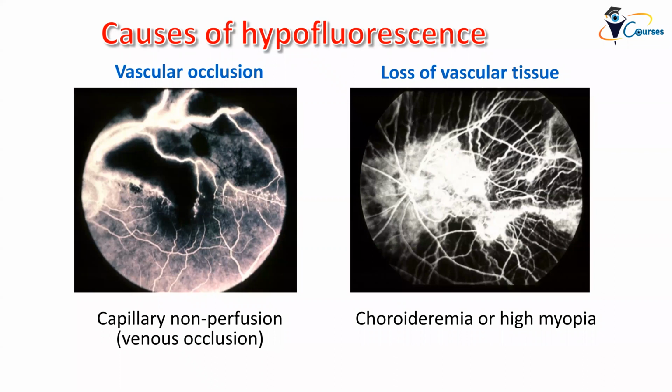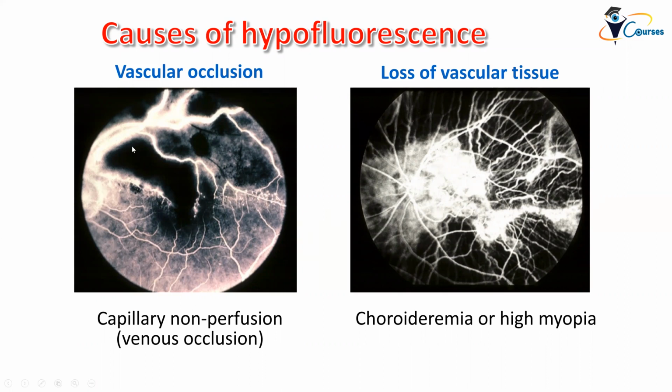The other cause of hypofluorescence is that there is no abnormal deposition of any material, no hemorrhage, no pigments, but the blood vessels just didn't reach that area of the retina. Since there are no blood vessels, there will be hypofluorescence. For example, the blood vessels may be present but occluded, as in ischemic proliferative retinopathies, like ischemic proliferative diabetic retinopathy or ischemic vein occlusion.